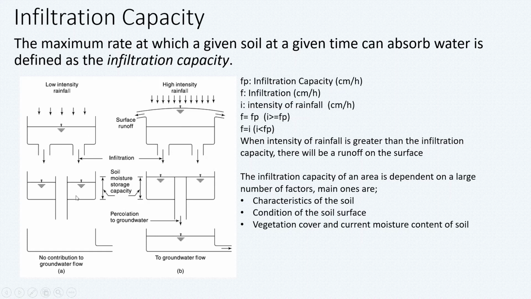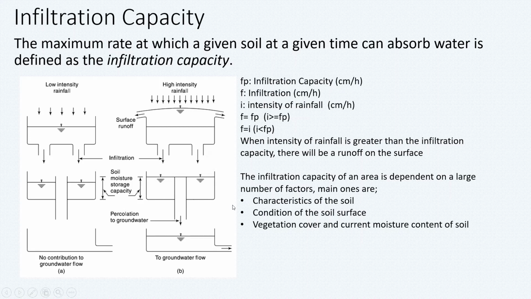So there is a certain amount of water retained in the soil, and on the left hand side there is no flow taking place from the second basket to the third basket. Now on the right hand side you can see that the second basket is also overflown by the continuous flow coming from the infiltration, and it will go to the third basket, which represents the groundwater flow.